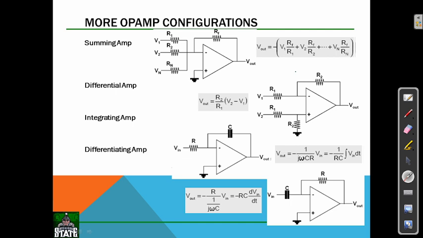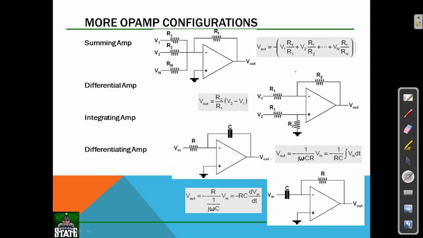The formula for the output voltage of this integrating amplifier is minus 1 divided by j omega RC times the input voltage. We take the capacitor and resistance values outside, so it is minus 1 by RC times the integral of the input voltage. Because the j omega part is the imaginary part, the formula becomes minus 1 by RC integral of V input dt.